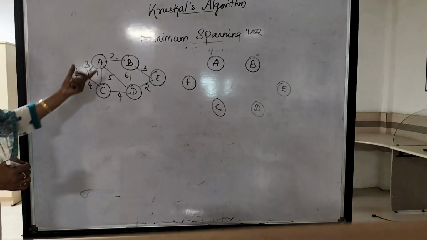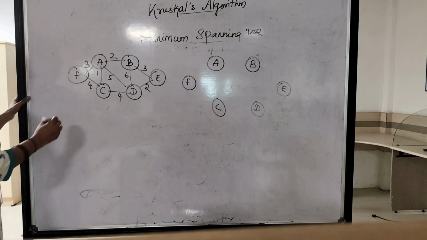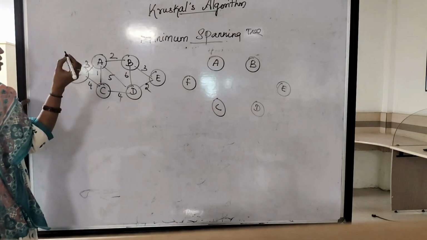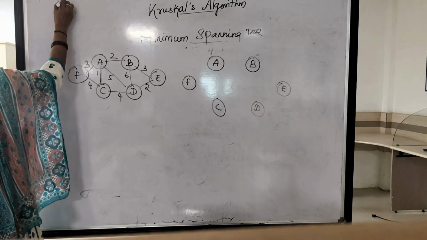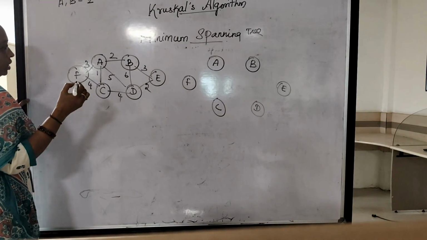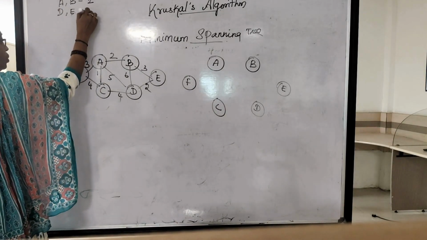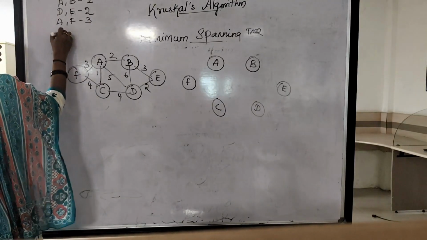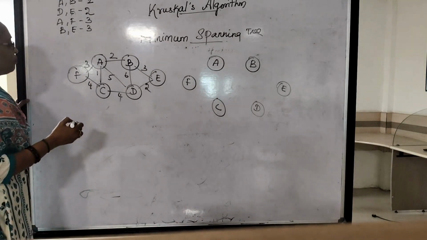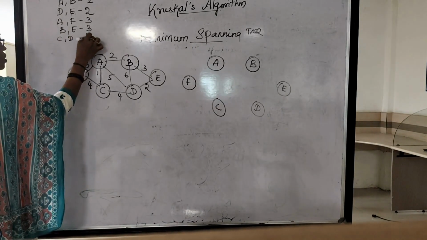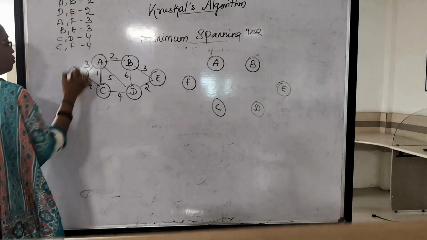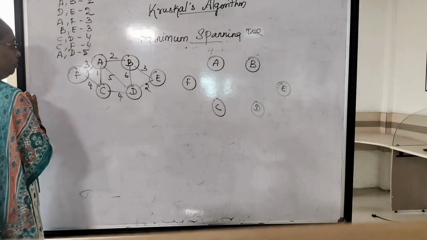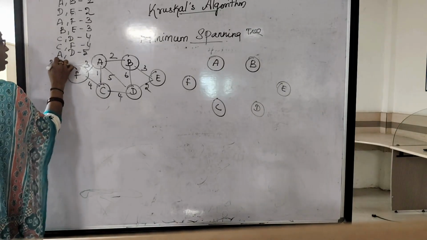The next step is to sort all the edges. I start from A to C with cost 1, then A to B with cost 2, then D to E with cost 2, then A to F with cost 3, then B to E with cost 3, then C to D with cost 4, C to F with cost 4, then A to D with cost 5, then B to D with cost 6.